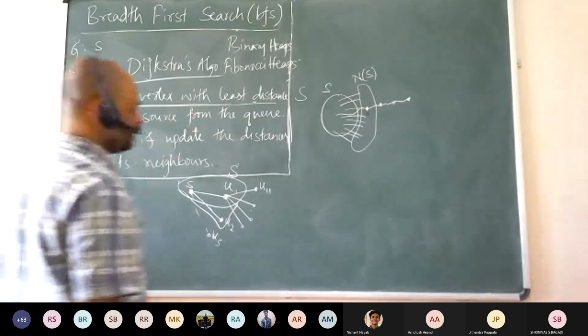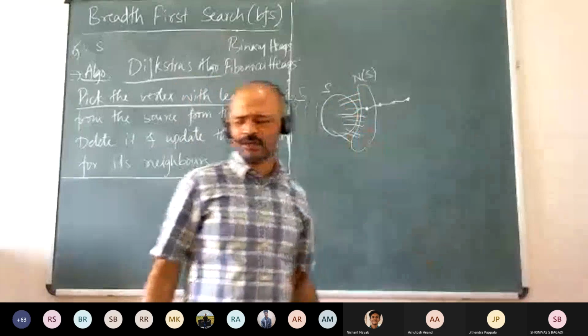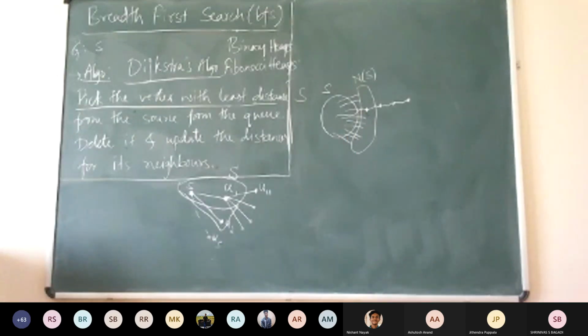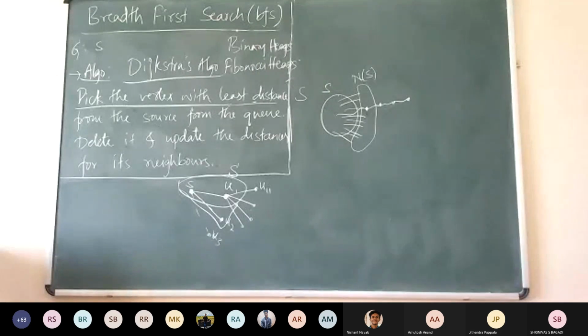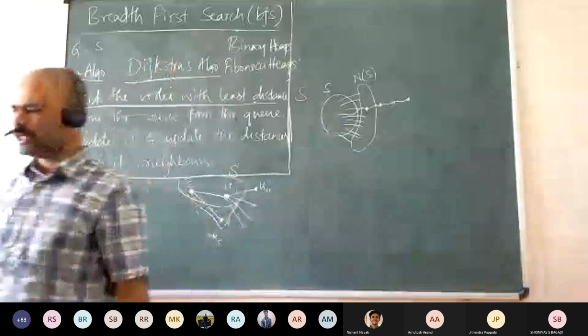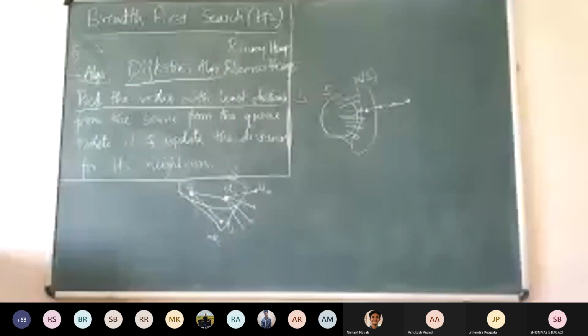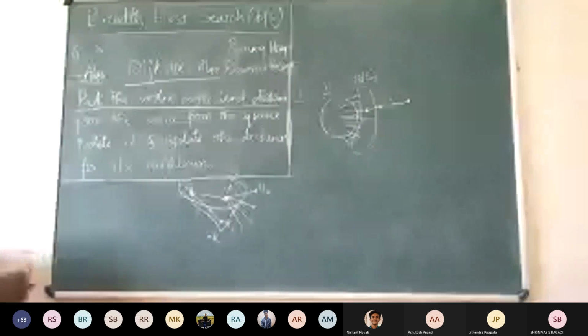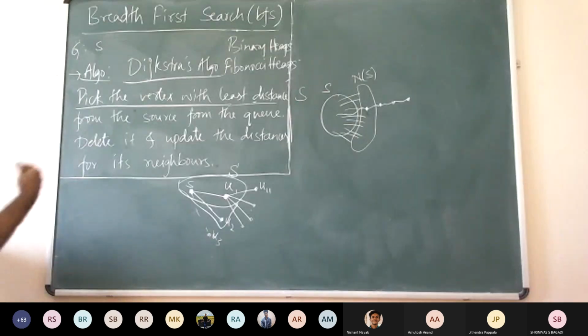I don't know whether we stated this explicitly, but implicitly it came up when we were doing the proofs. It has to be in the neighborhood, right? Good. So this is how the algorithm moves forward. Any more questions?